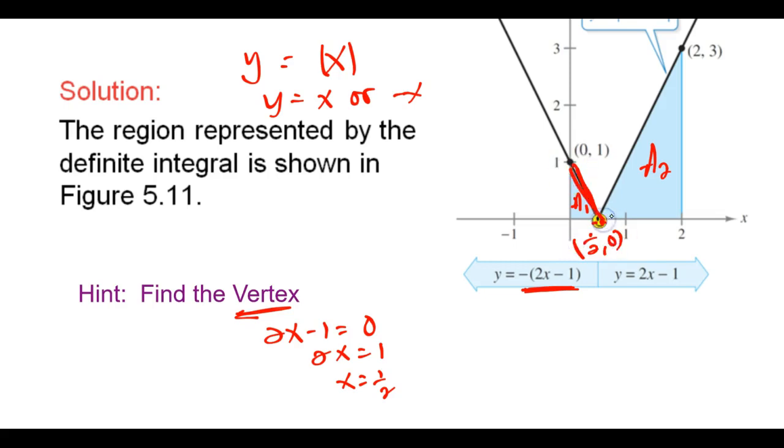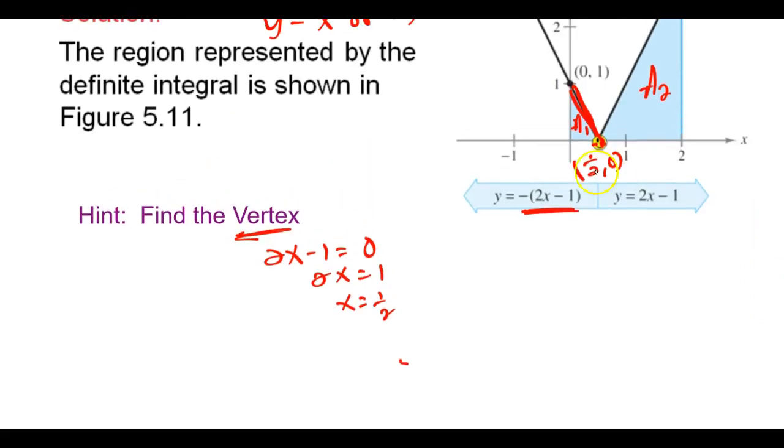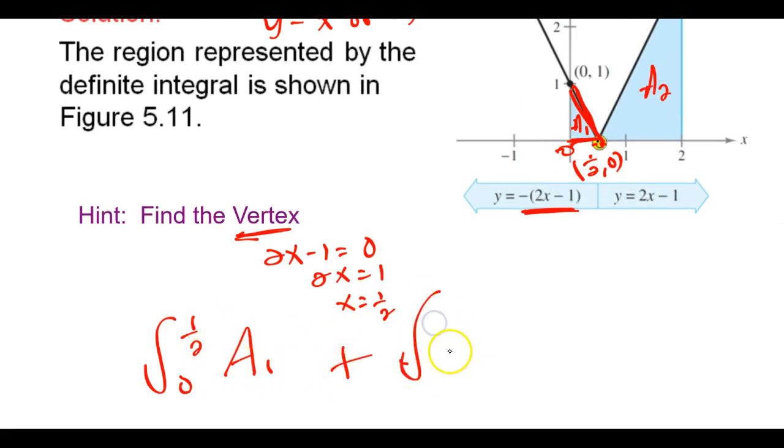So I'm going to integrate then between this guy. It starts at 0 and goes to 1/2. And then I'll add, that's area 1. And then I'll integrate the 1/2 to, looks like all the way to the 2 for area 2. But remember, area 1, the formula for that is not positive slope, it's negative slope.